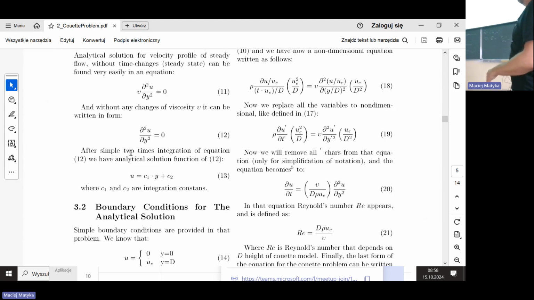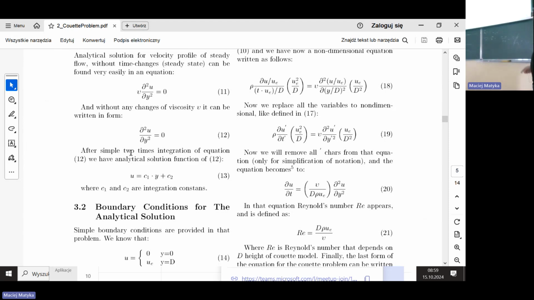Now we remove those primes, and this is what people very often do, and this can be confusing when you read books, because we basically get the same equation with some variables here, and this looks the same as it was before, but it's different because we skipped this. So keep in mind when you read CFD books, because everyone does it.